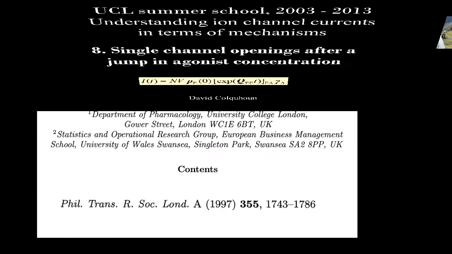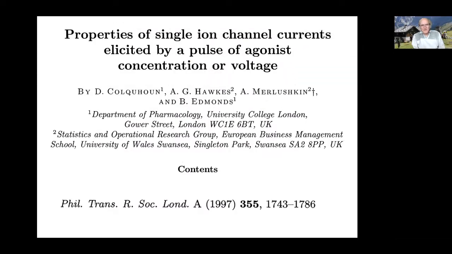This lecture will be a sort of introduction to this particular paper in 1997 by Anton Molushkin, among others. This is about what single channels are predicted to look like after a pulse of agonist concentration.